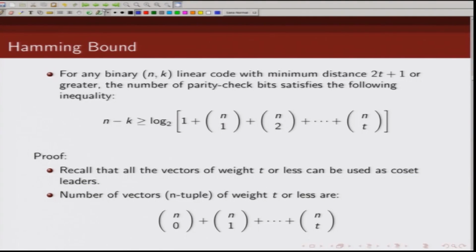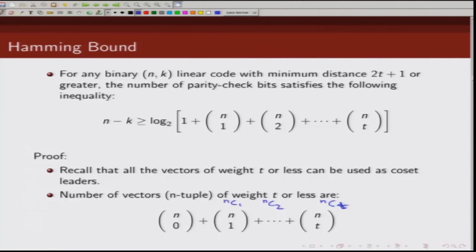Now, let us count how many such error patterns there are. The number of error patterns of weight 0 is given by nC0. The number of error patterns of weight 1 is given by nC1. The number of error patterns of weight 2 is nC2, and similarly the number of error patterns of weight t is nCt.